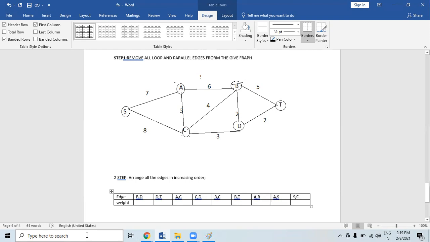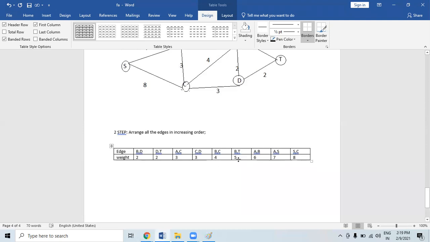So you can see here all are there, right? So we have to arrange in increasing order. So first 2, then 2, at the end it should increase, right? 3, 3, then 4, 5, 6, 7, 8. So we have arranged in increasing order. Okay. So this is the second step.